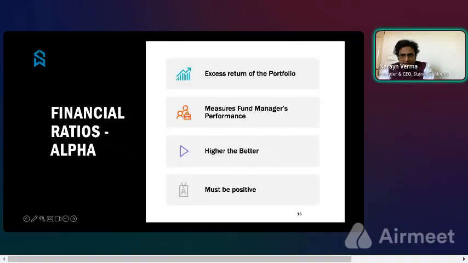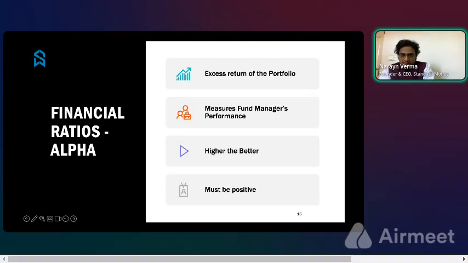Then one of the most important ratios is Jensen's alpha, also simply called alpha. This alpha shows you the excess return of the portfolio. This is the ratio which gives you the risk versus return possibility.